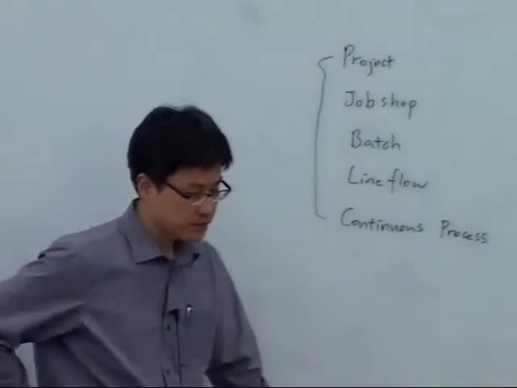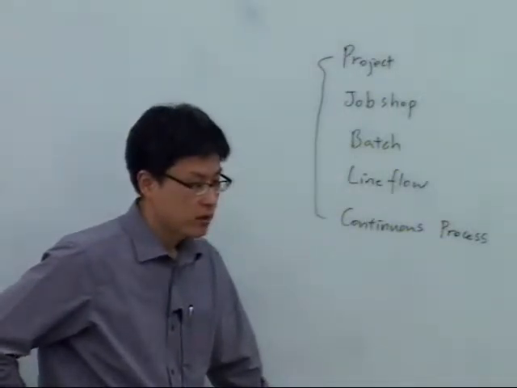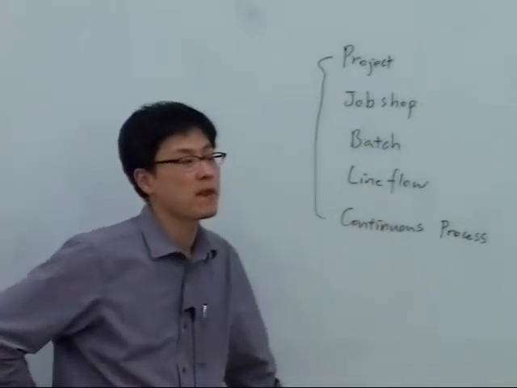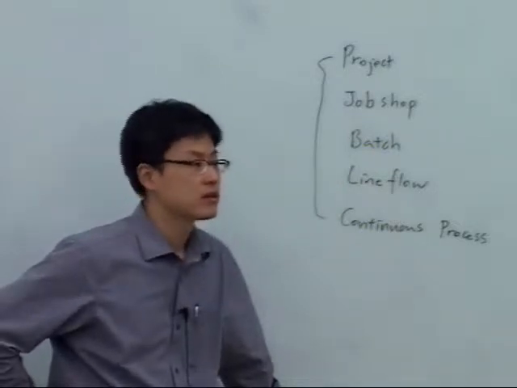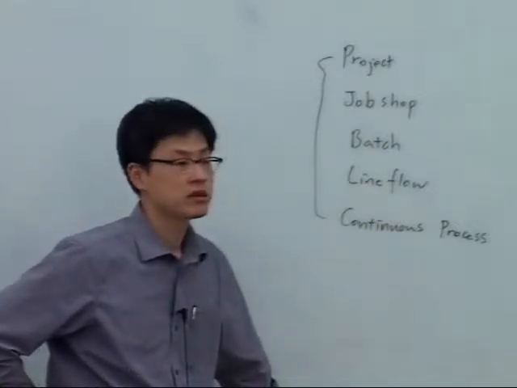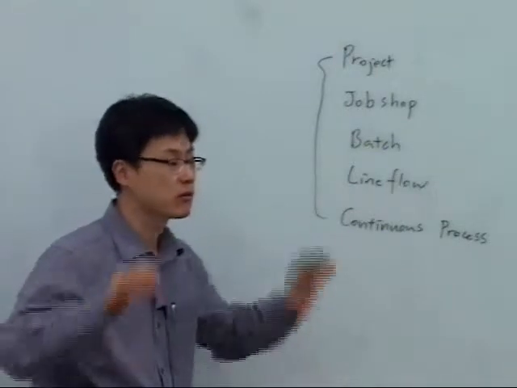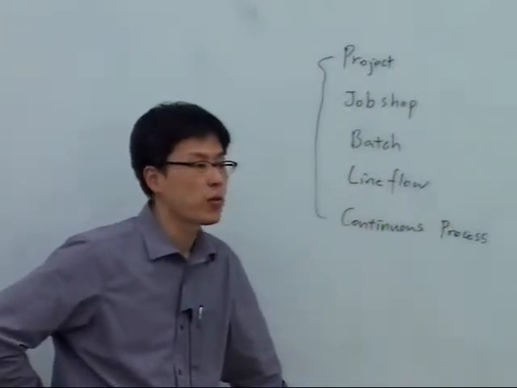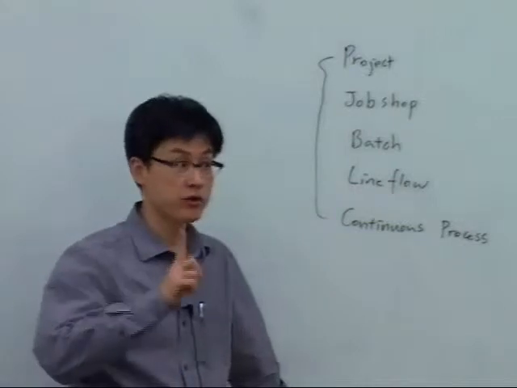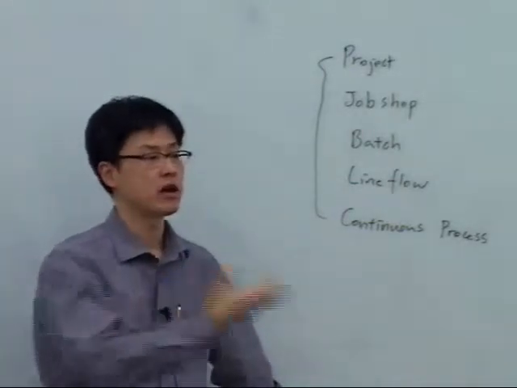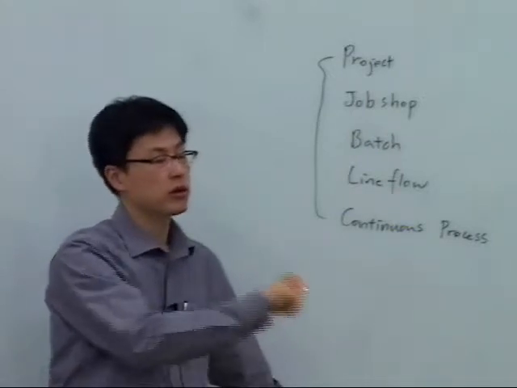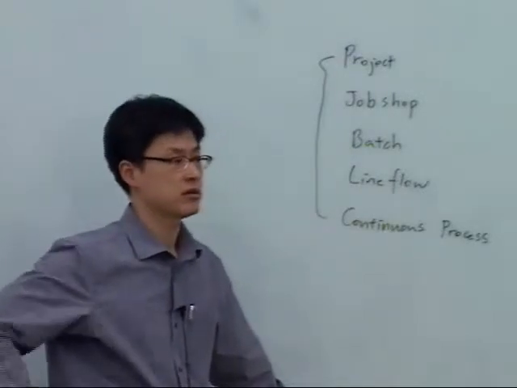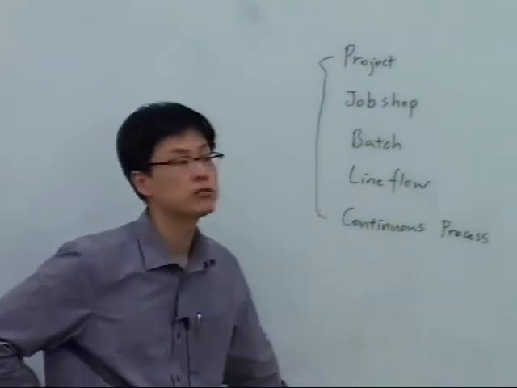For example, when Toyota made the Toyota production system, their ideal production line, their own name, the ideal state is that they only have one unit of inventory to pull the downstream, to pull the upstream, and trigger, give the order to the upstream workstation. That's more like a continuous process.